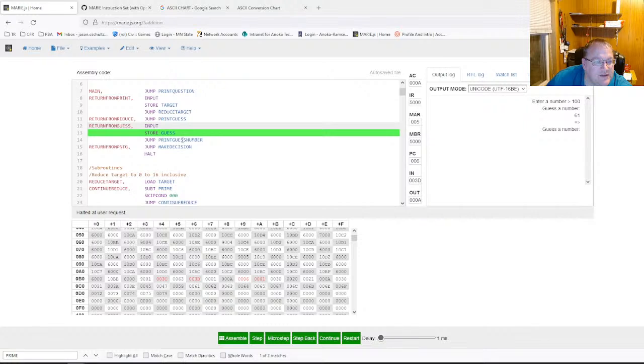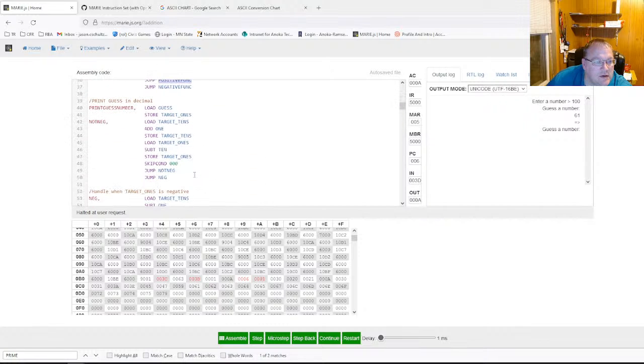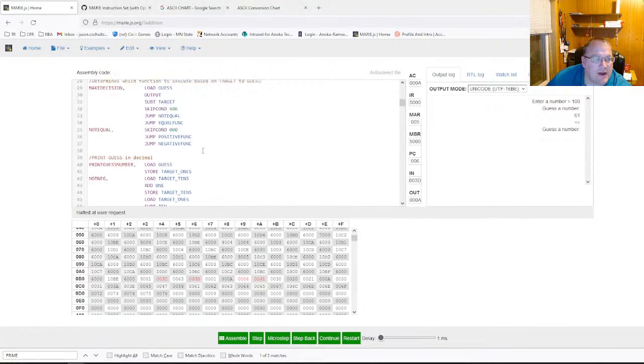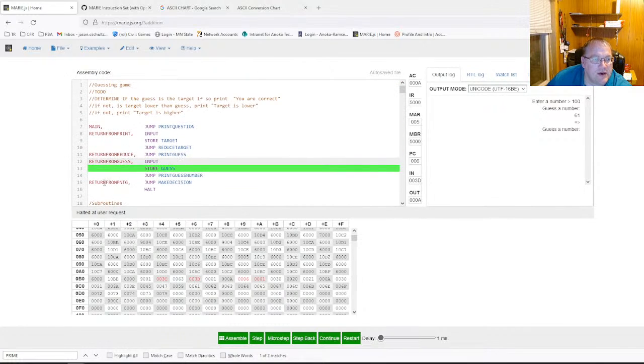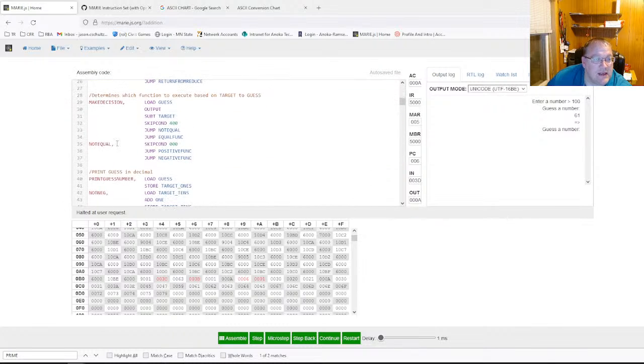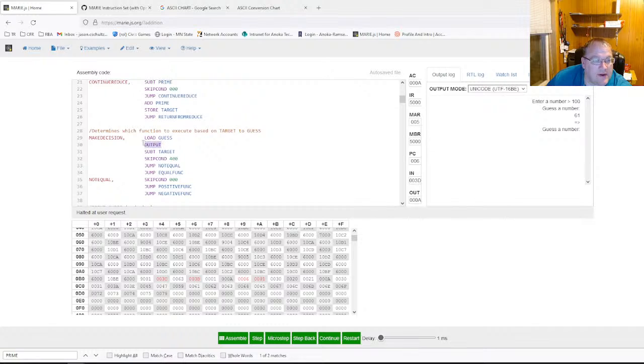So print the guess number. Print the guess number. This is all working properly. When we get here, we return back from that. So go up here and we're going to return back from that. So it's going to go to make a decision. In make a decision, here we go. There's our culprit.